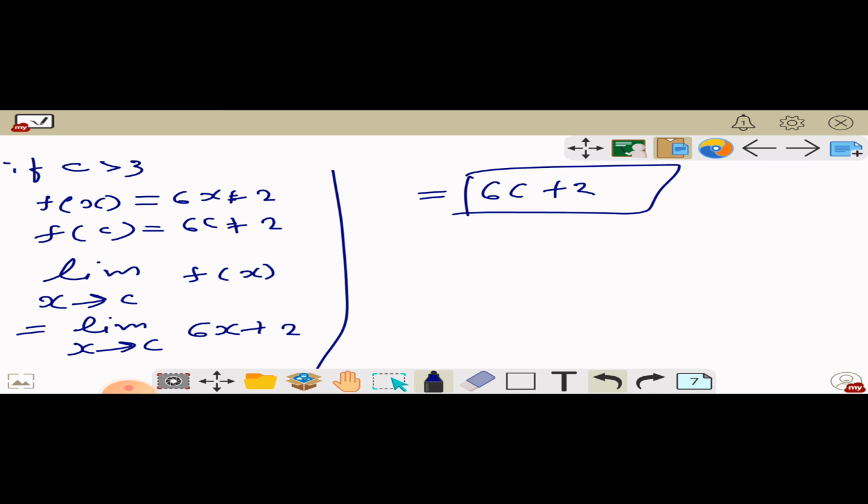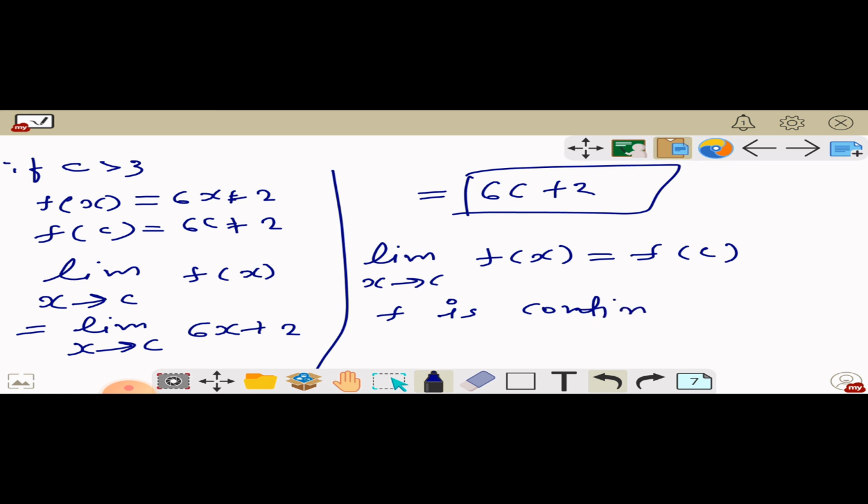So 6c plus 2. So here limit x tends to c of f of x is equal to f of c. So we can say that function f is continuous for all the points for x greater than 3.